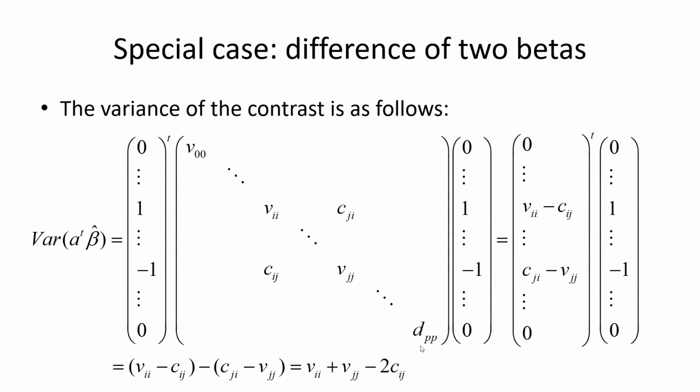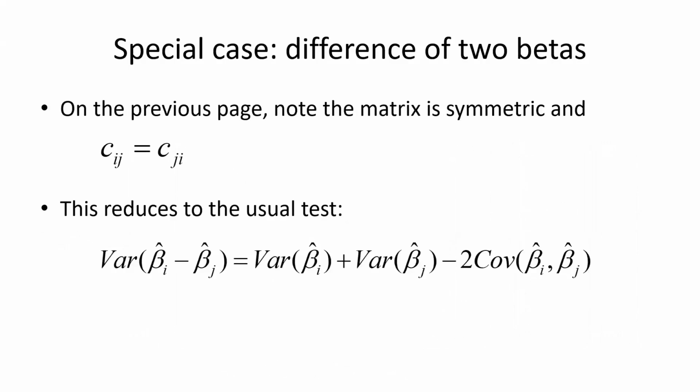And that's exactly the formula we had before. Variance plus variance minus twice the covariance. I'm repeating it here, variance plus variance minus twice the covariance. Okay, so that's the same thing.